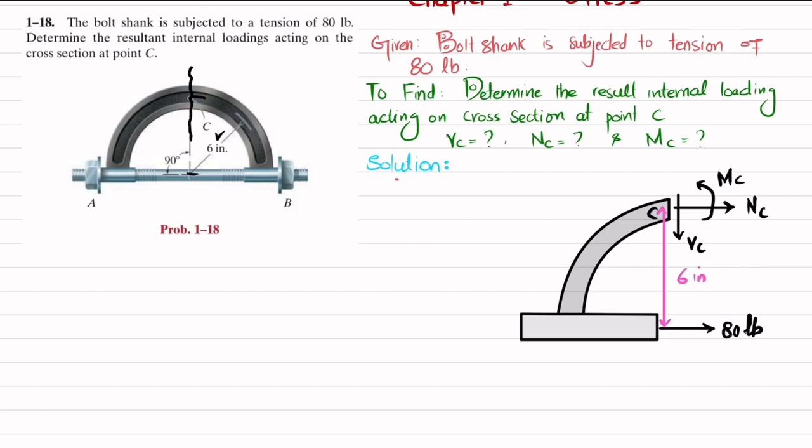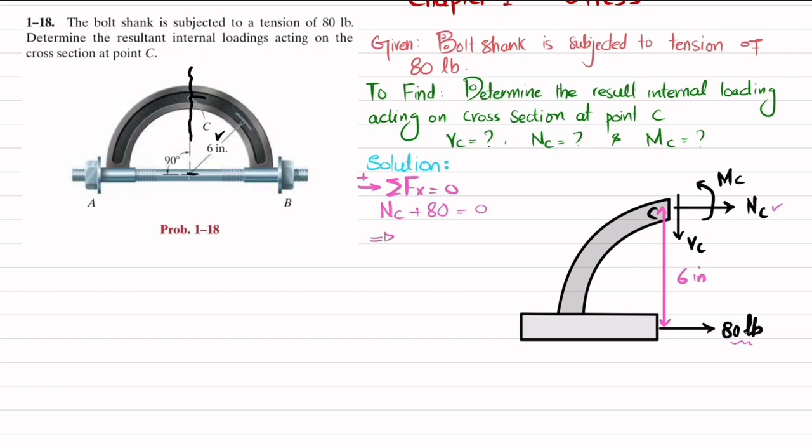The first equation of equilibrium is that the sum of all forces along x direction must be equal to 0, and force in this direction is taken as positive. You can see only the horizontal force is NC. So I will write this in plus direction, NC, and the second force, that is 80 pounds, in positive direction. Their sum must be equal to 0.